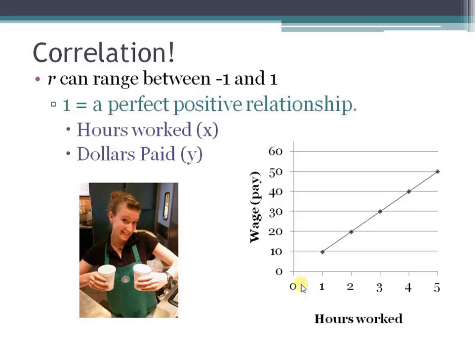Okay. What makes it a perfect relationship is that it sits right on top of that one line. And another way to think about this is that if I know how many hours you worked, I can predict with 100% certainty how many dollars you are going to get paid, right? Because the variability in dollars paid is 100% overlapping with the variability in hours worked. Those two things are perfectly related.